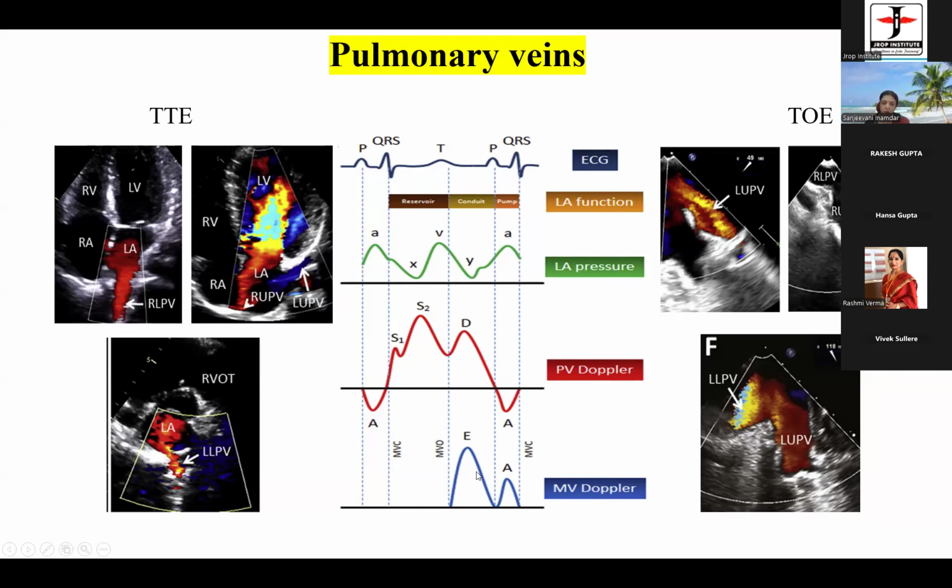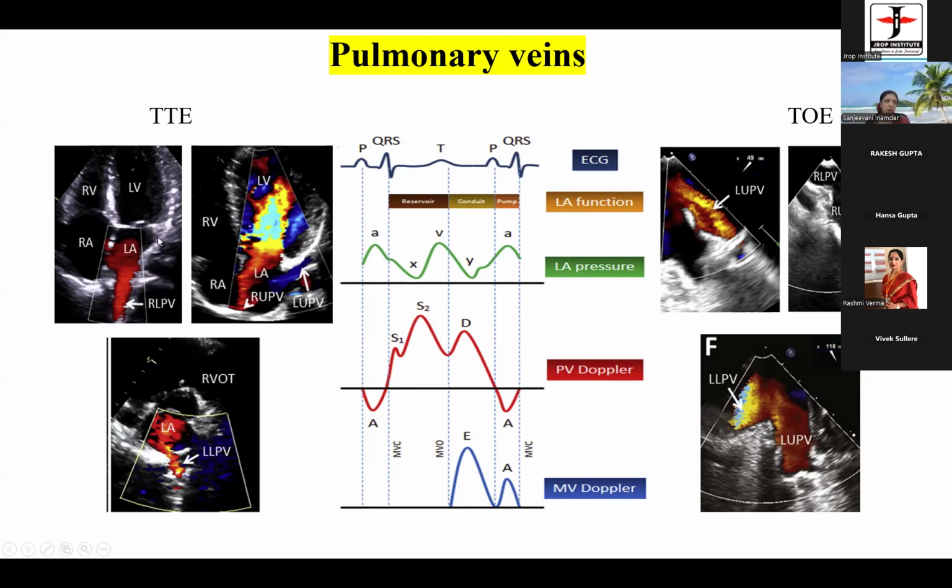And last but not the least is this diastolic phenomenon, where D is correlating with the E wave of the mitral valve, and AR, that is reversal, is correlating with the forward A flow of the mitral valve Doppler. These are very important because it helps us in diagnosing many pathological conditions.